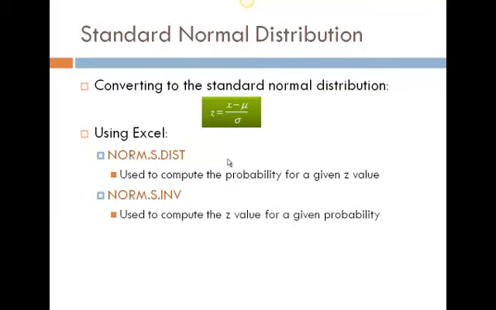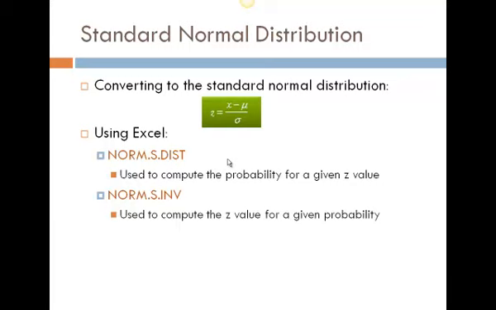So in order to do normal distribution calculations, our first step is always going to be to convert any normal distribution to a standard normal distribution. A standard normal distribution is also known as the z-score. So how do we do this conversion? Basically, your bell curve can have any mean and any standard deviation.